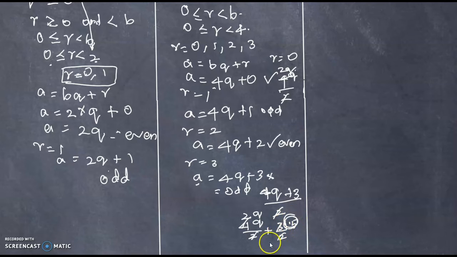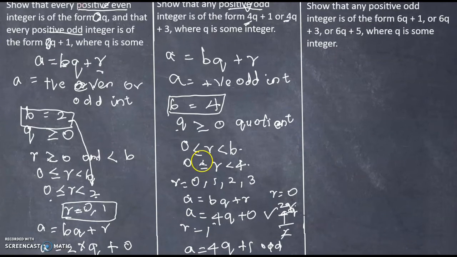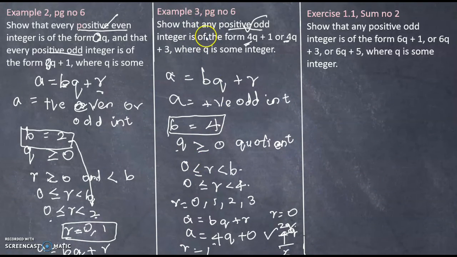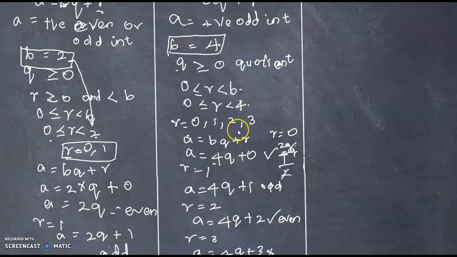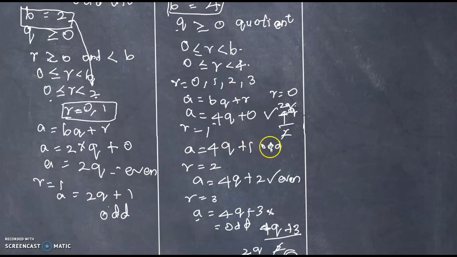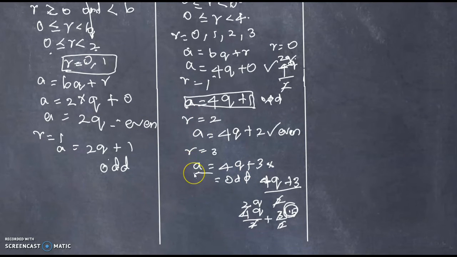So we are getting a decimal value which is not equal to 0. Hence true. So any positive odd integer should be in the form of 4Q plus 1 or 4Q plus 3, whereas 4Q and 4Q plus 2 are even integers.